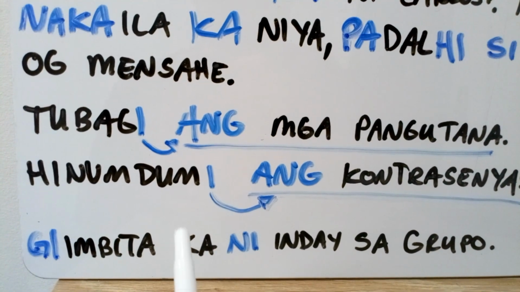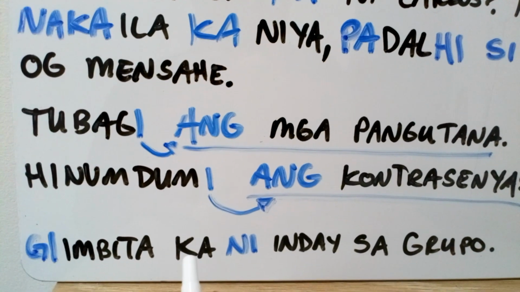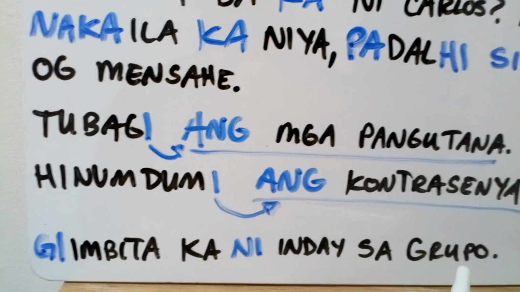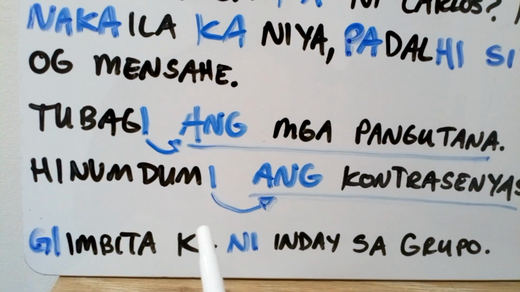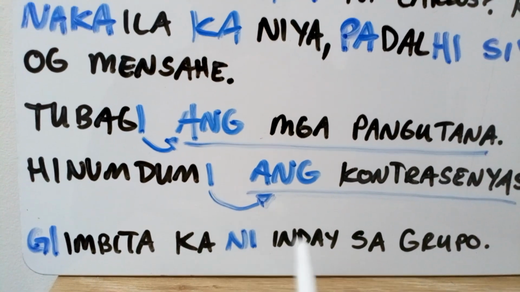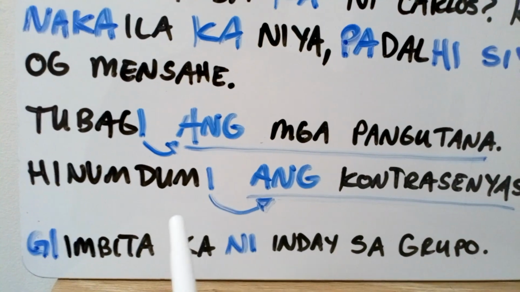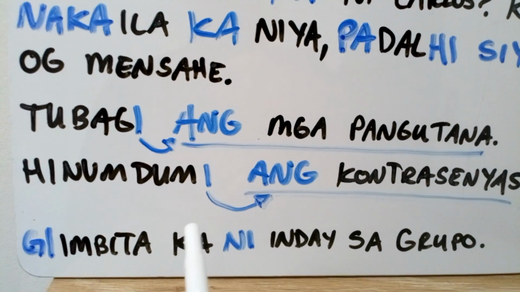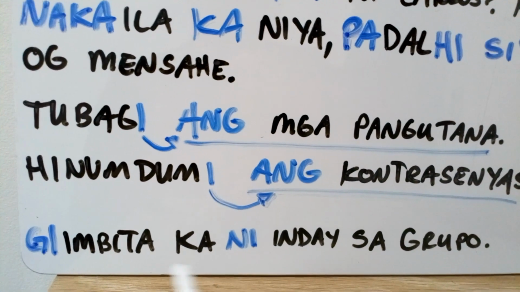So this sentence can translate to you were the one that was given an invitation by Inday to the group, okay? Because you are the focus. Literally, that's what it means. It's like you were invited by Inday to the group. Or I guess you can say Inday invited you to the group. But it's better to say you were invited by Inday to the group because the focus now is you.